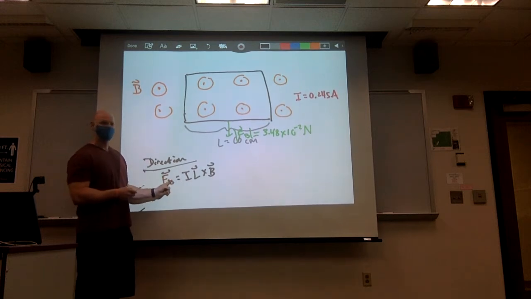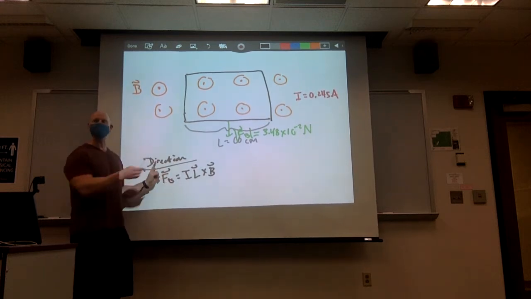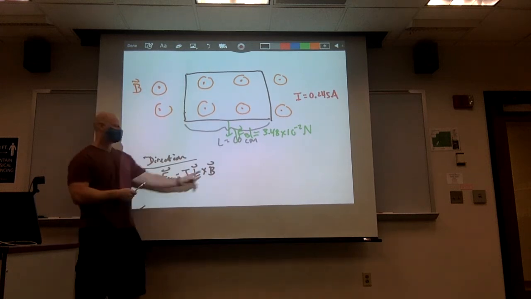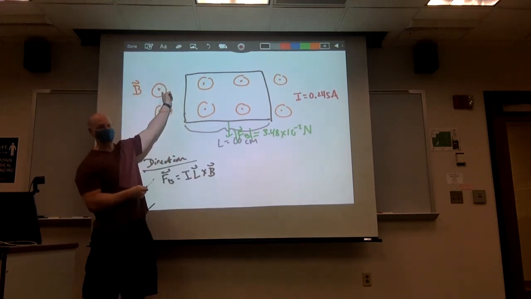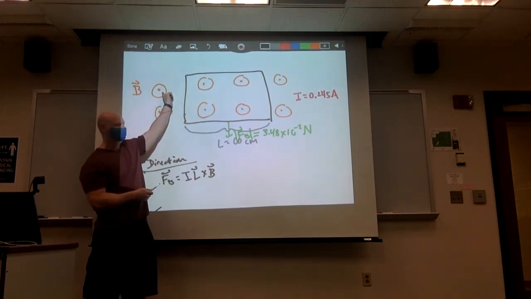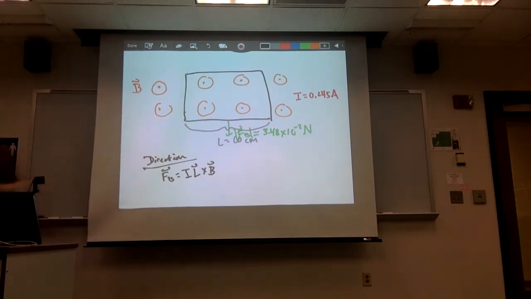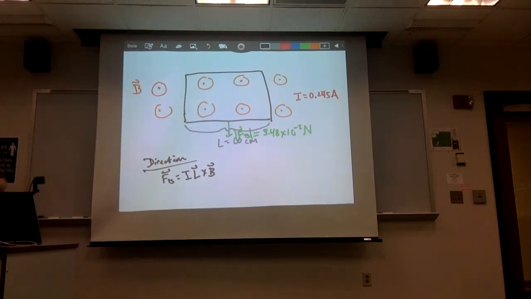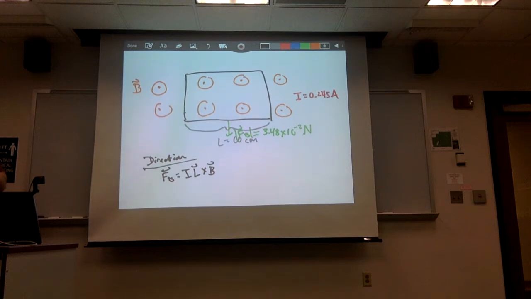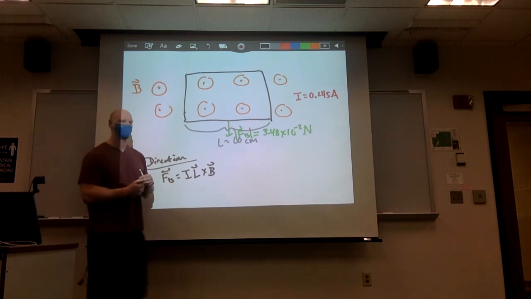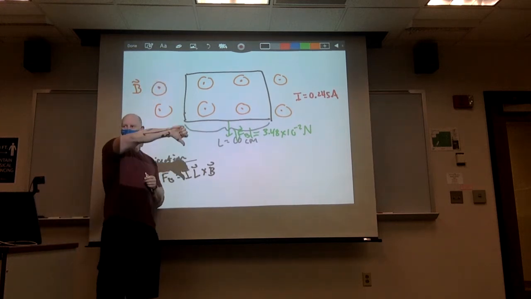In this case, it's a little bit different: we know the direction of the force, i.e. we know the direction our thumb points. We know it's being curled to B, which means we have to figure out what direction we first have to point our fingers in to establish the force as downward. So from that, we have to figure out the direction of the current. First things first, our thumb has to point downward.